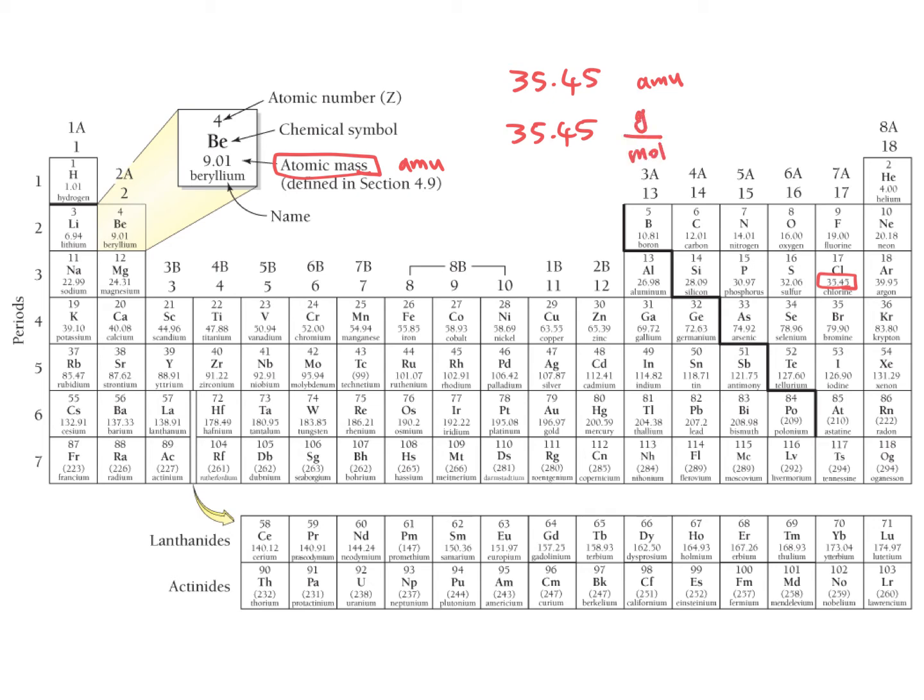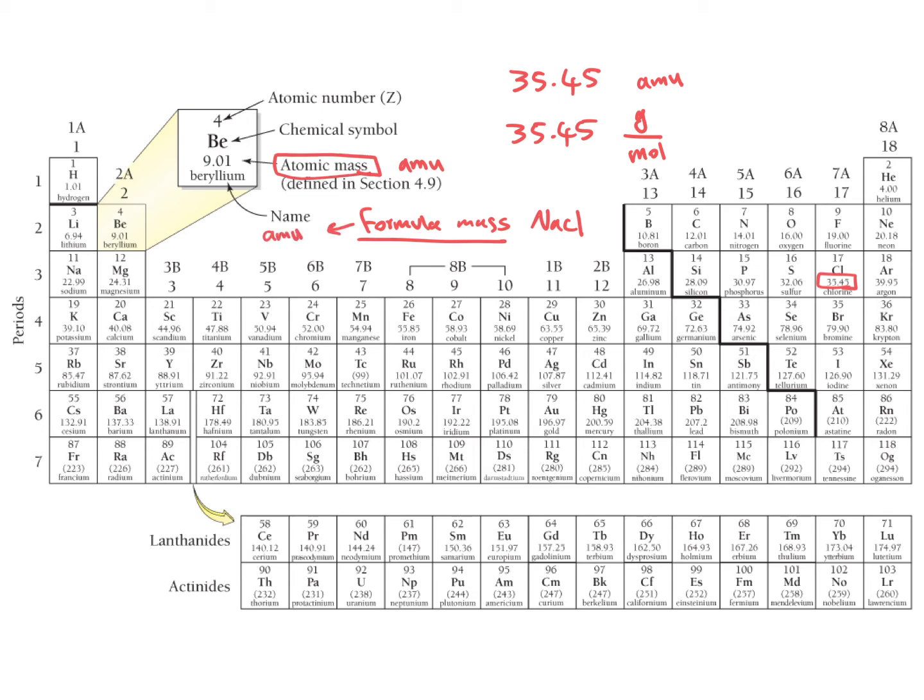So if I tell you, which of the following is formula mass for the compound NaCl, what is the unit of formula mass? Anyone? AMU, yes. So it's atomic mass unit.